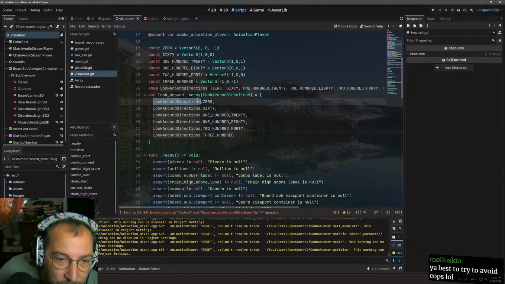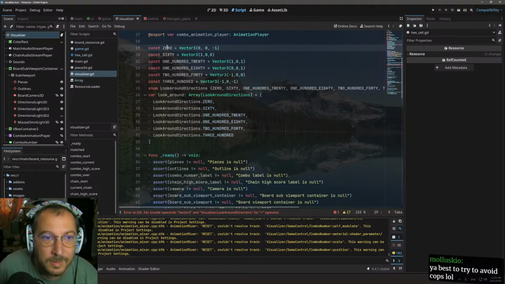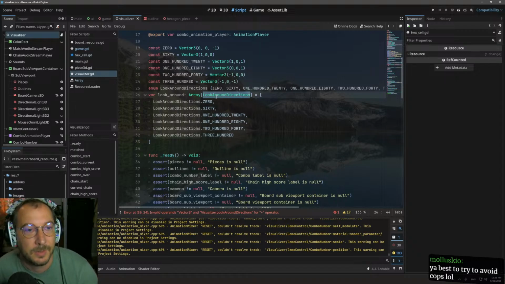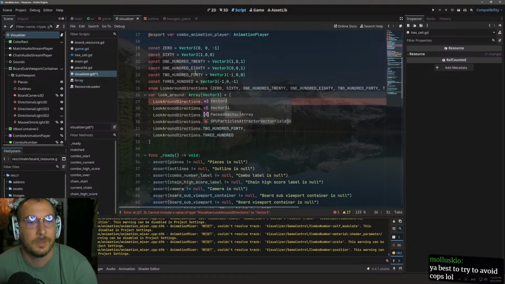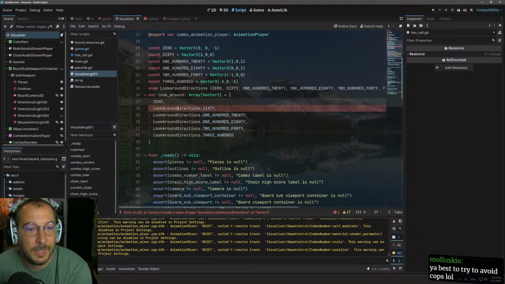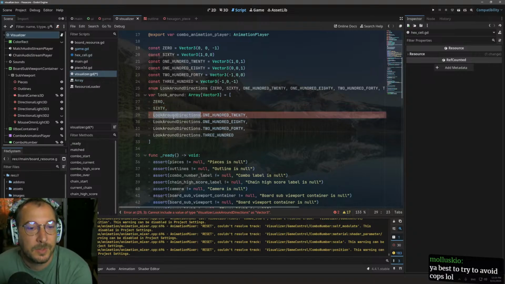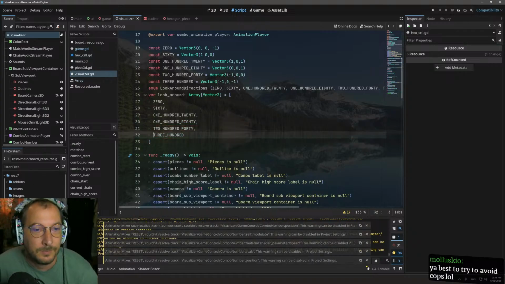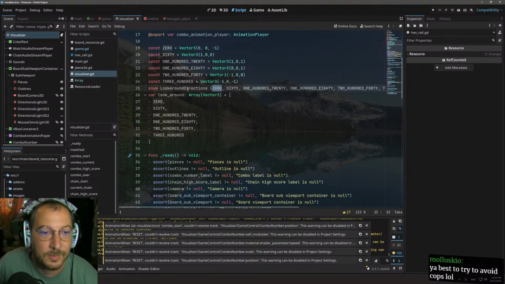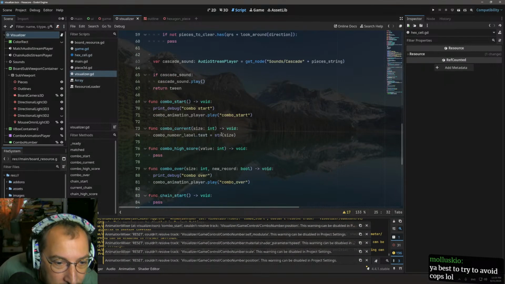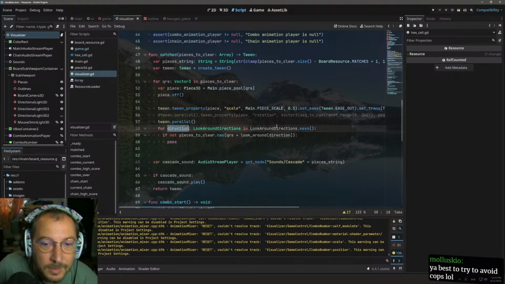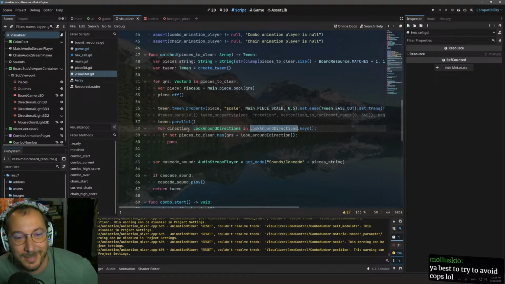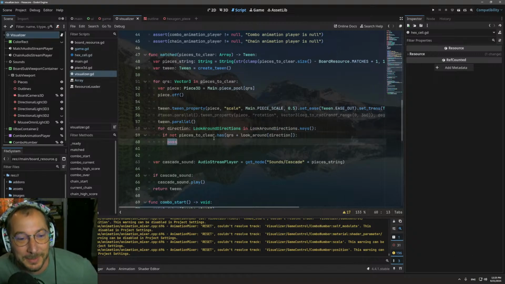If we do it in the order, all we have to do is put these in the right order. So we don't need look around directions. This is just going to be an array of vector 3s in the elements. We could populate this, but we're going to do it just in order. So then we're okay here. This is looking good. So far it's surprisingly like no code.